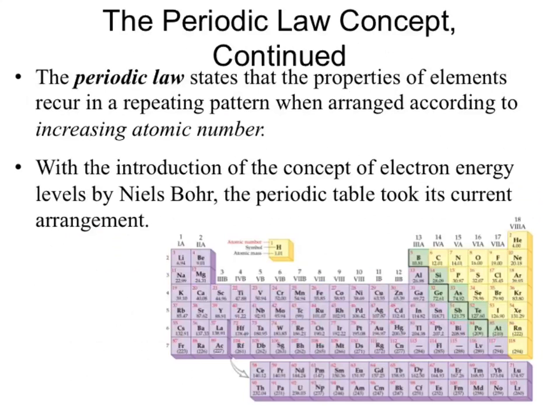Periodic law. So now what we're doing is starting to look at our periodic table. Okay? The properties of our elements recur in repeating pattern. This is ultimately what Mendeleev was looking at. If we look at individual periods, period on the periodic table is which direction? Row or column? We're saying it's periodic law, and the properties of the elements in an individual period have very similar chemical properties.